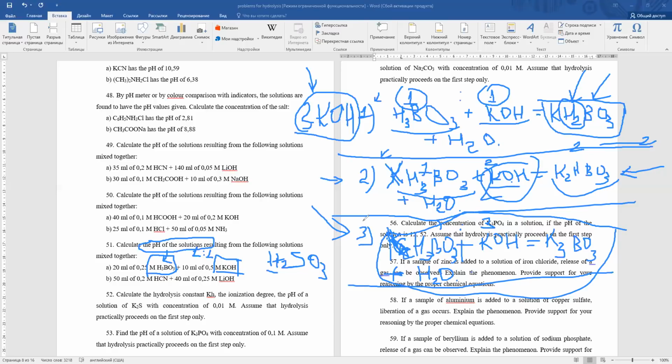Yeah, they were the same, the 1 mole, and I think it's equal to 0.005. 0.005 moles of the salt forms. Is that clear? Yes.